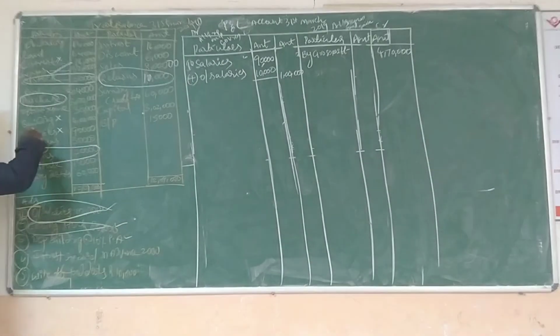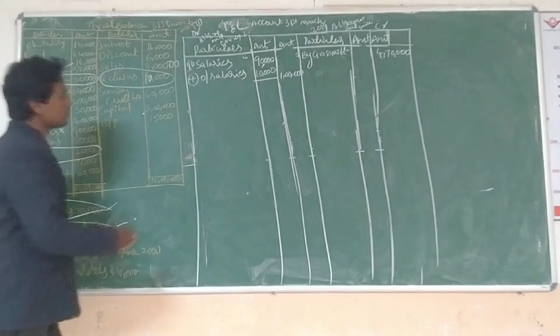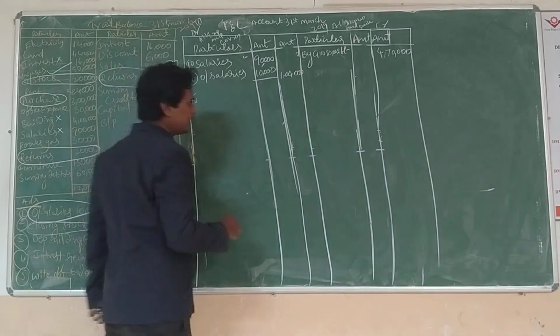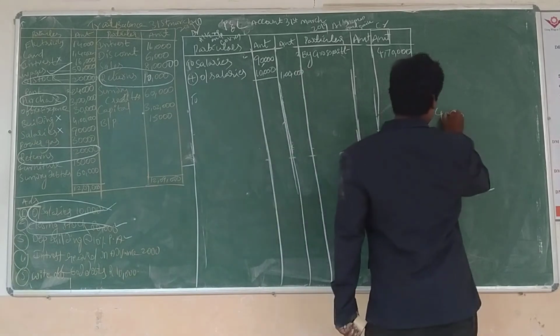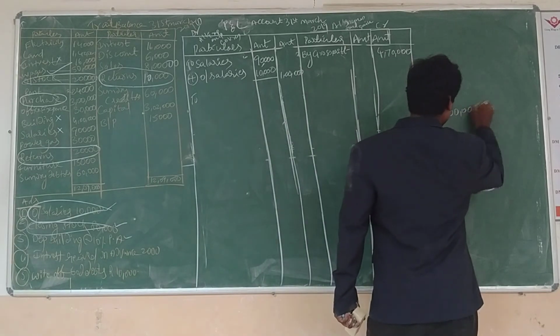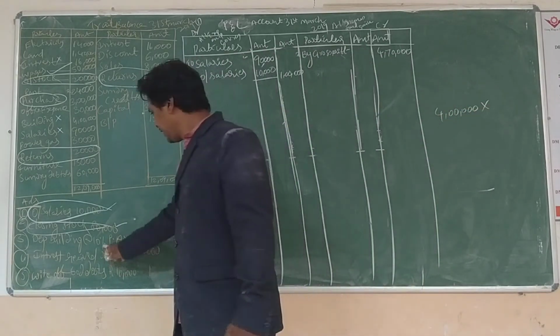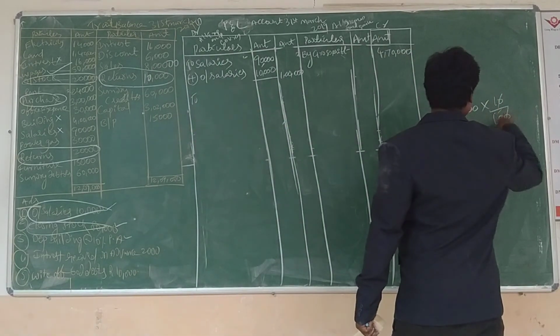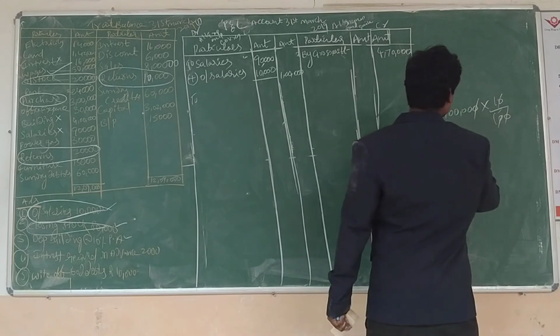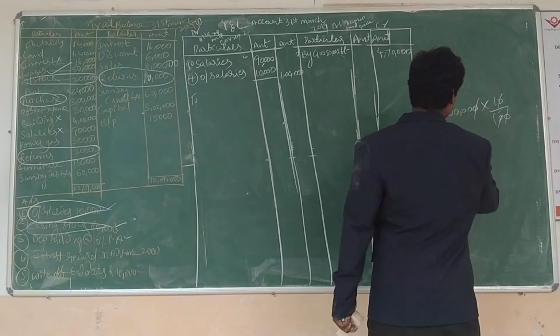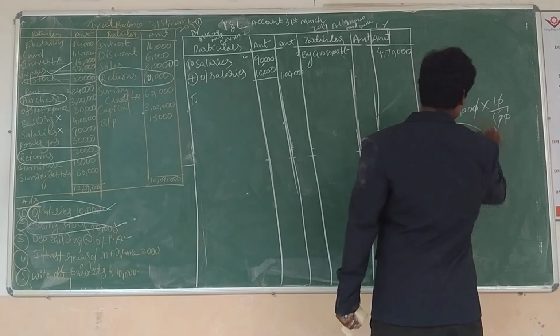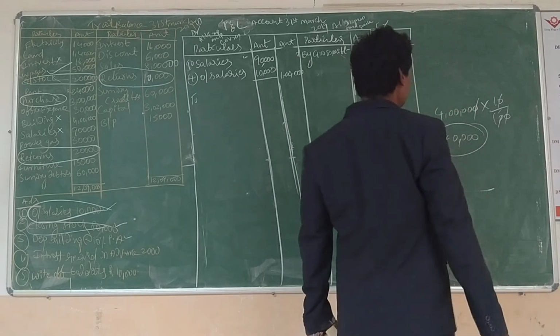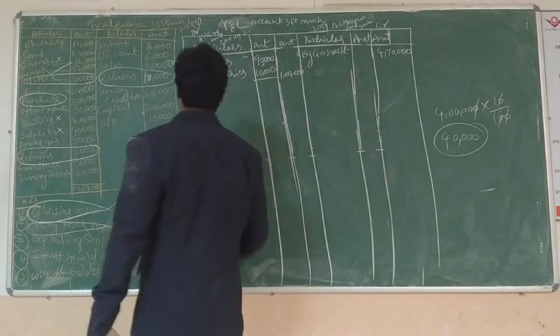Depreciation on building at 10% per annum. Now go and check out the building. How much is the building? 4 lakhs. So 4 lakhs into how much depreciation? 10% per annum. 10 divided by 100. How much? 40,000. 40,000 is the depreciation on building.